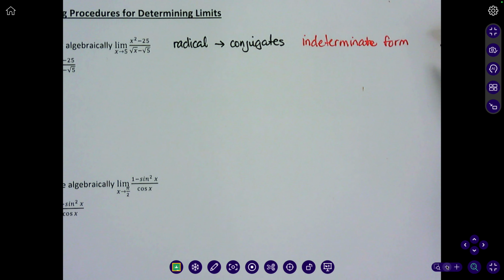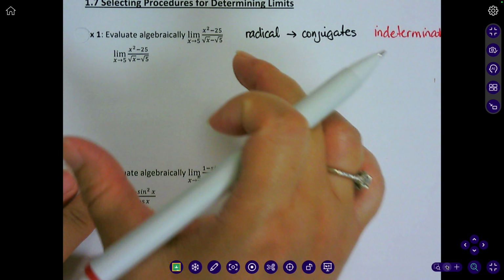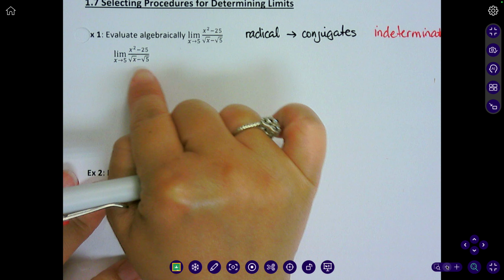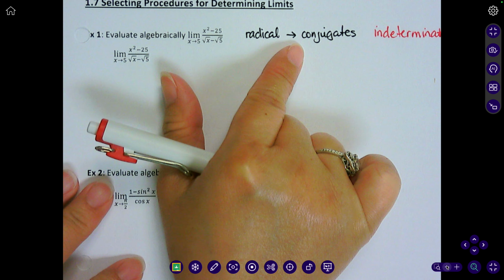We don't really write 0 over 0 because mathematically it is incorrect to write that. Is that good? So what you do once you have indeterminate form is you're going to try to rewrite it by using that conjugate idea.